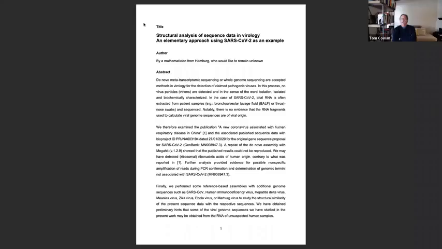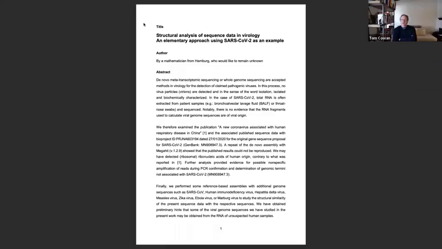And there's no scientific evidence showing that the fragments, in this case RNA, that are used to calculate this viral genome actually come from any virus. So those are the important points.